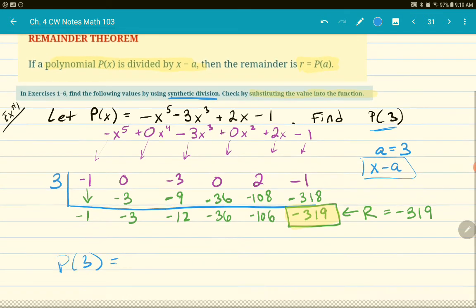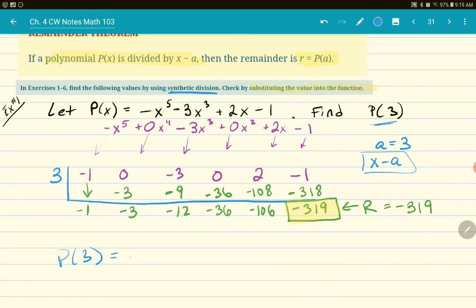And p is negative x to the fifth minus 3x cubed plus 2x minus 1.